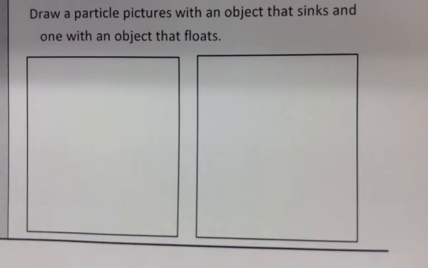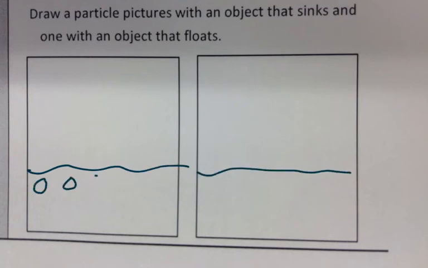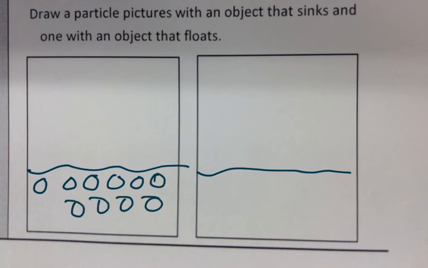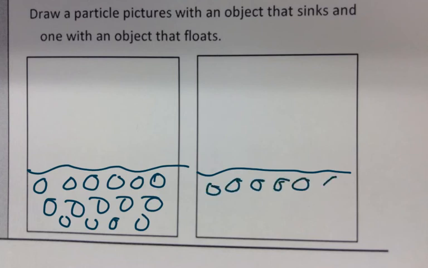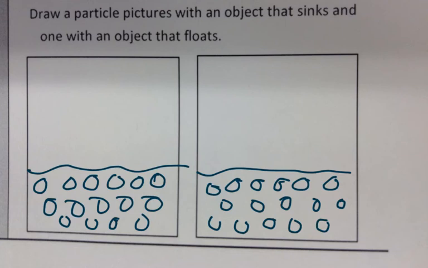When you're trying to draw these lovely particle pictures, I'm going to try to make it pretty consistent. Let's pretend this is the water. All right, so we have our lovely water. Because these particles don't necessarily represent the exact same amount of mass, I really am not going to be particular on whether you show that you have fewer particles or anything like that.